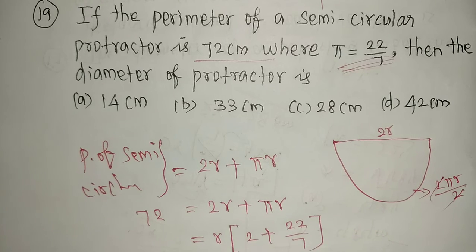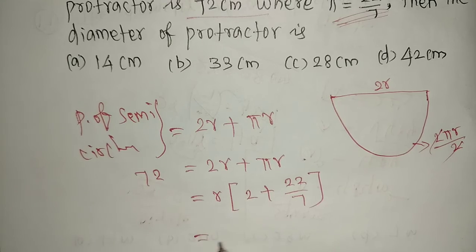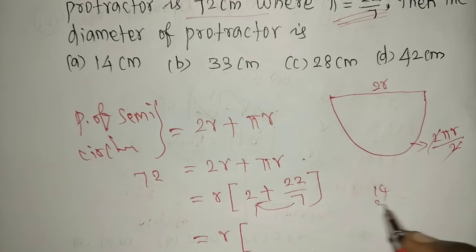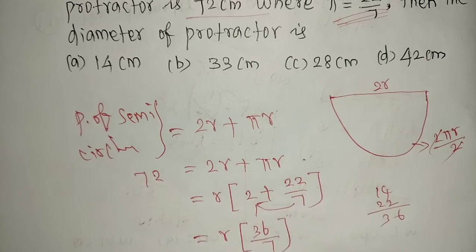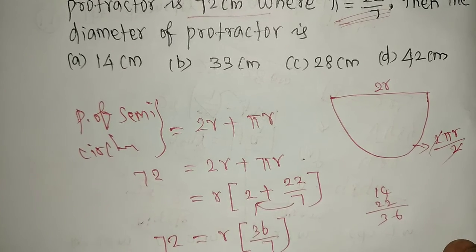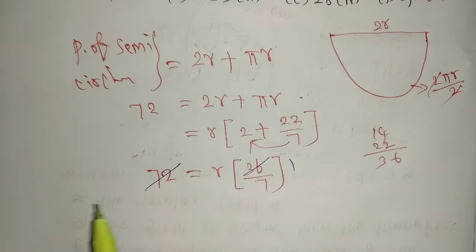That's it. Now take cross multiplication. So r is equal to, if you take cross multiplication, 14 plus 22, we are getting 36, divided by 7. So here we have 72. So 72 and 36 will be cancelled automatically, by 1 time, this is 2 times. That's it.